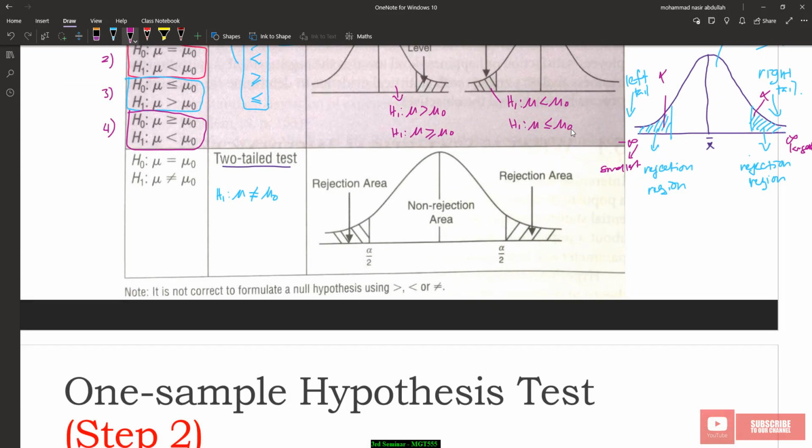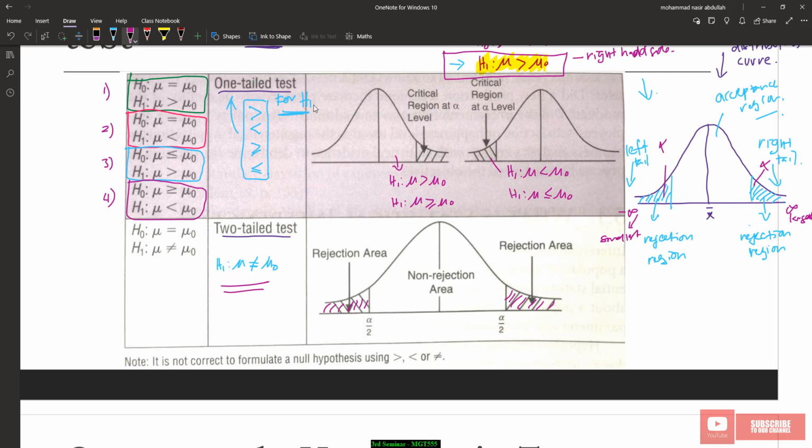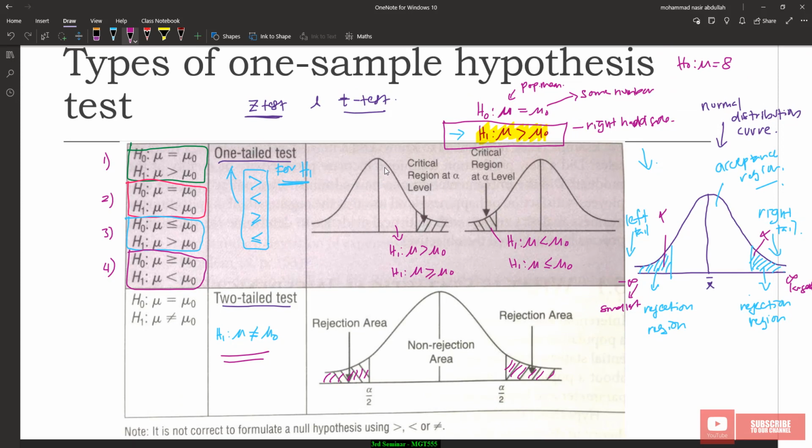For two-tail test, kita akan consider dua-dua side, two-sided. Maksudnya, on the right hand side and on the left hand side, dua-dua. Kalau two-tail test, this is very simple, right? The most crucial thing that you need to understand is for one-tail test lah, whether we want to decide what sided yang kita nak ambil. Kita nak ambil right-sided or left-sided.